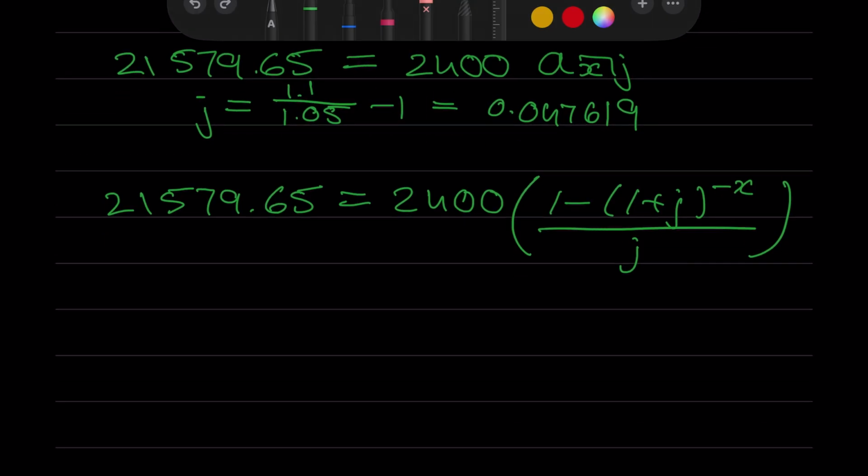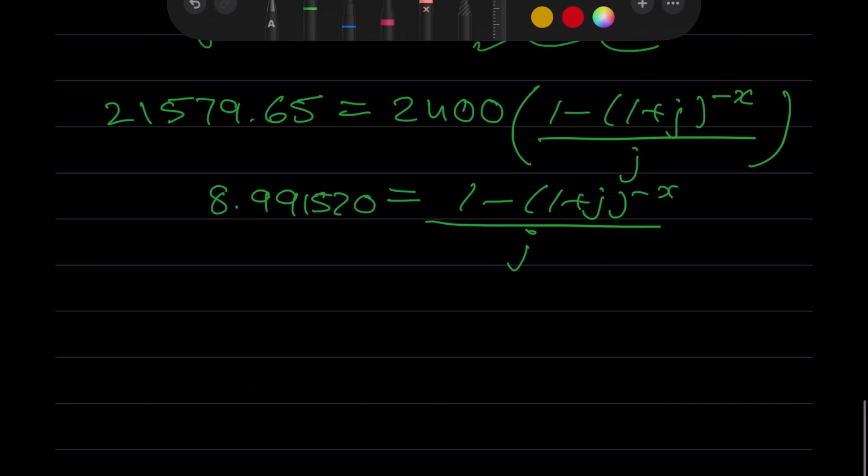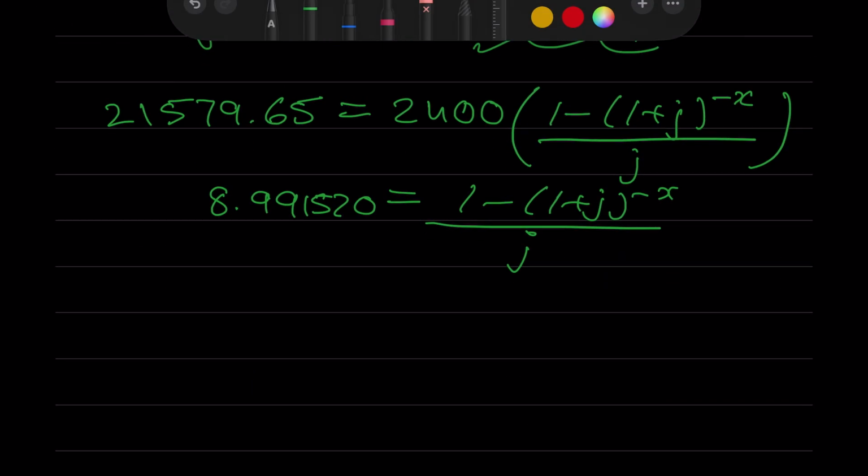And now we can start doing some math. So we'll divide by 2.4k, so that gives us, remember X is the variable we're trying to work out. We have J. J is this number. So we'll just multiply.